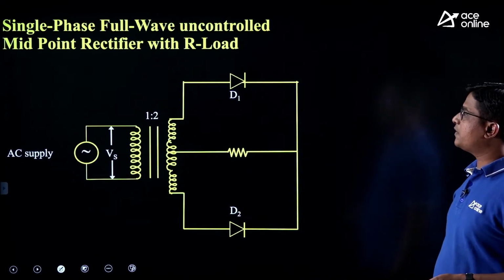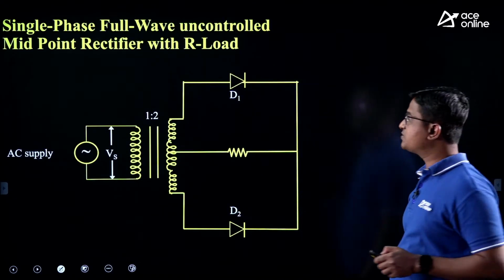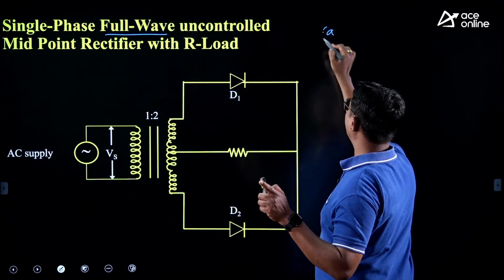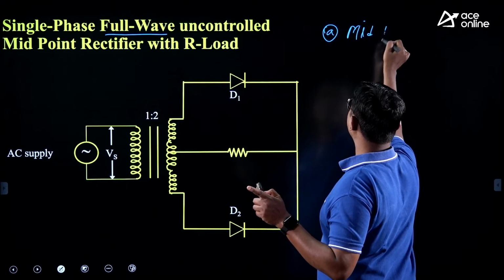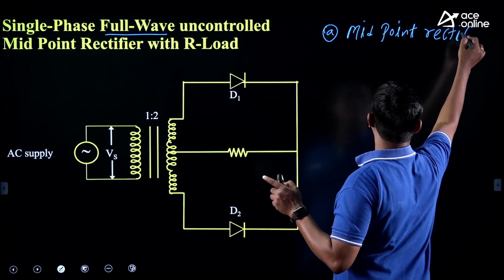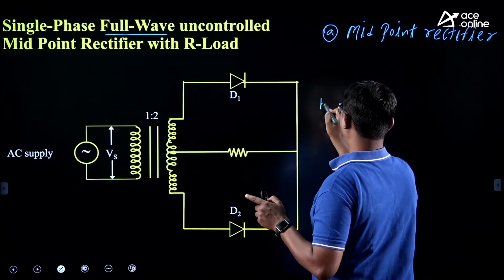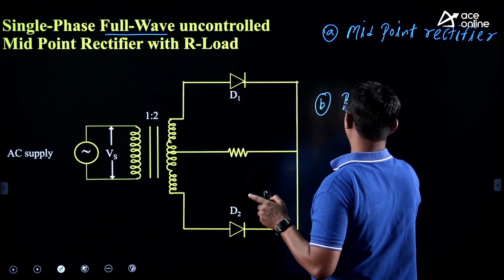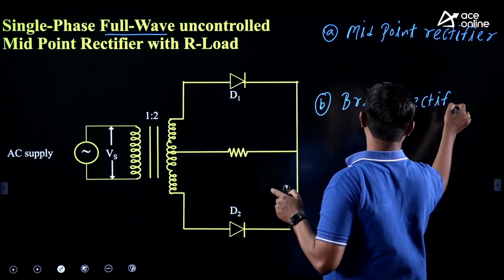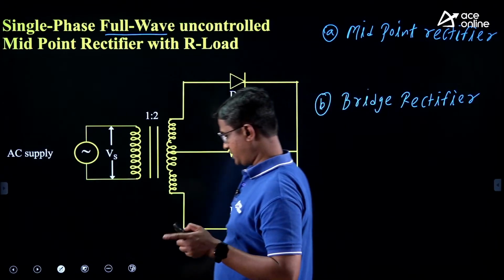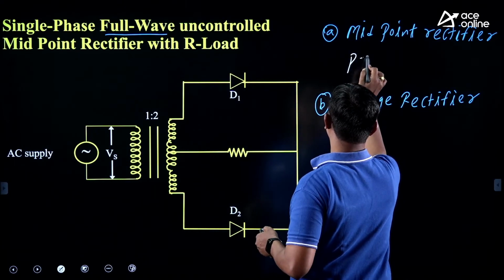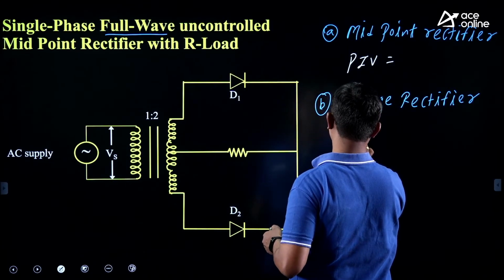Next, single phase full wave uncontrolled midpoint rectifier. In single phase full wave rectifier, we have two types: one is the midpoint rectifier and the second one is the bridge rectifier. Obviously the circuits are different, but the important thing is PIV, peak inverse voltage.